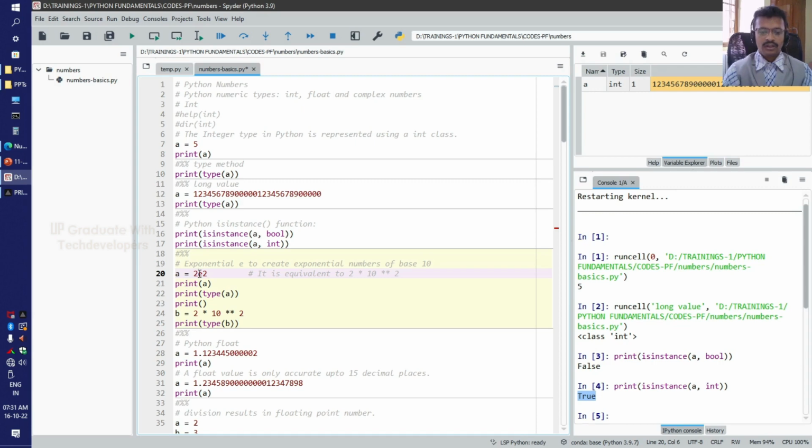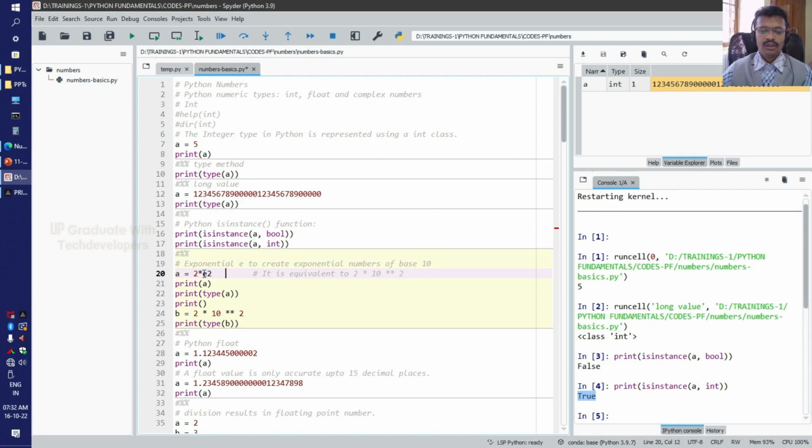Similarly here, if I use star for this exponential number with the integer number, then this exponential number will not be used as an exponential number, because this will be treated as a normal integer value, and it will look for that normal integer value.